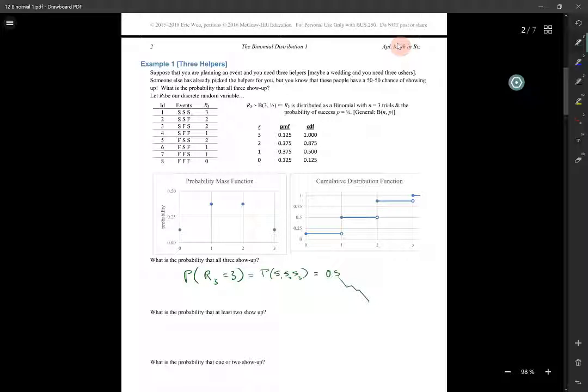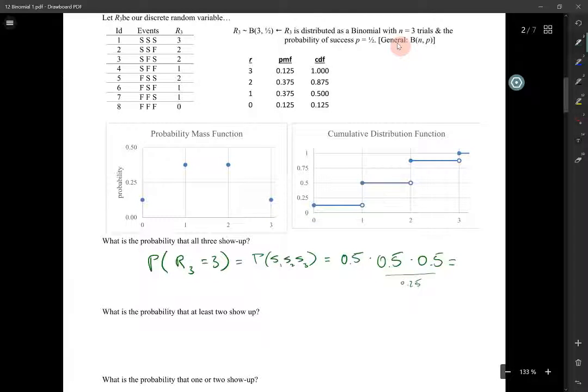So that comes out to 0.25, and then times another one would be 0.125. But we actually already have that over there.